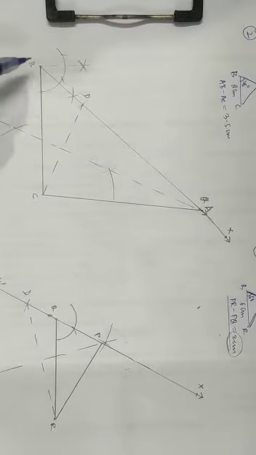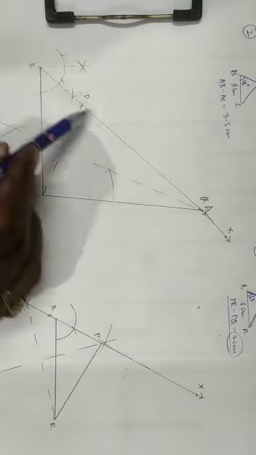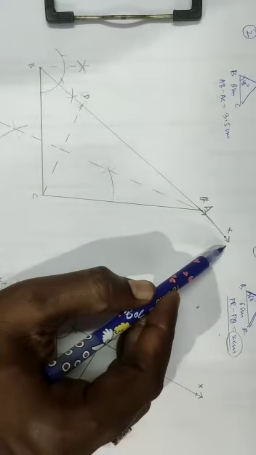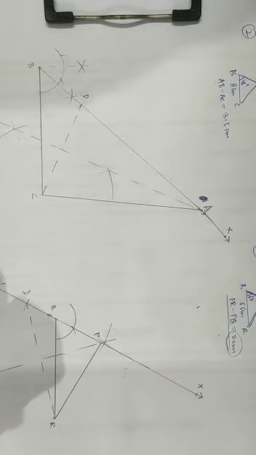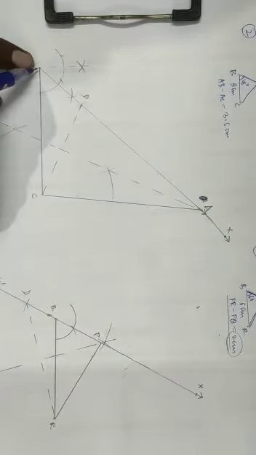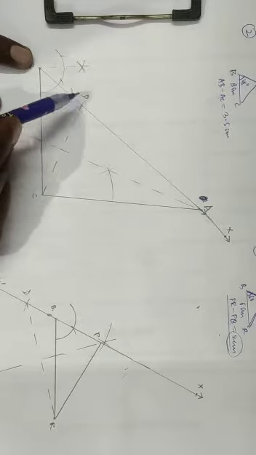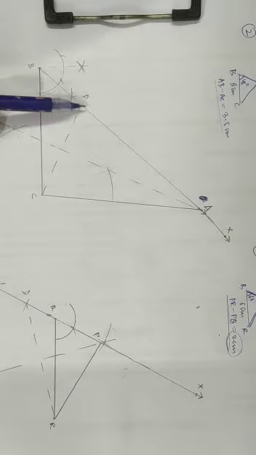In the construction part, first we will draw BC of length 8, then at B we draw an angle of 45 degree. After that we take an arc by keeping the compass at B and radius 3.5, because AB minus AC is 3.5.